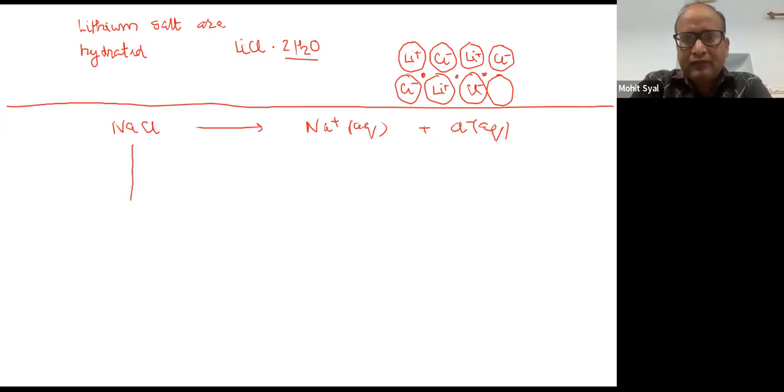Let's imagine that first you give some energy to this solid NaCl, and this energy is known as lattice energy.